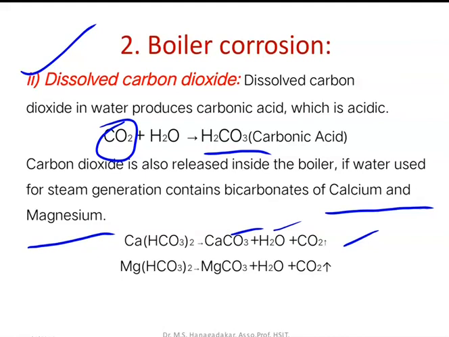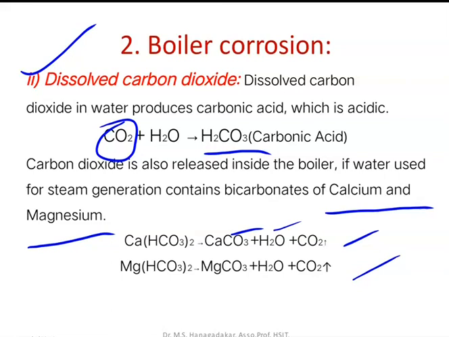If the water contains magnesium bicarbonate, it decomposes to give magnesium carbonate plus water and carbon dioxide gas. This carbon dioxide gas combines with the water at high temperature, leading to the formation of carbonic acid. Because of that, boiler feed water gets corroded by the dissolved carbon dioxide gas.